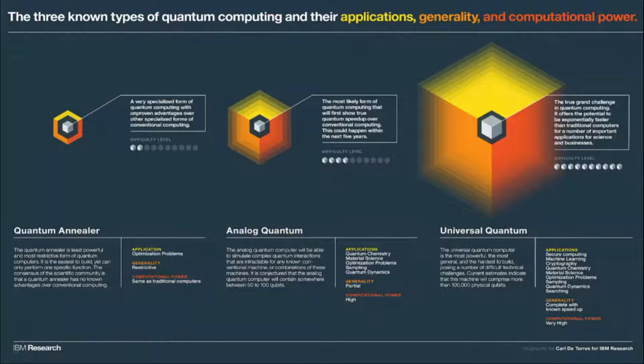It's currently the least powerful model of quantum computers, but it's often used in business applications, and it's the least difficult to develop. And then over here on the right, we have the universal quantum machine, which is very, very powerful, but it also is very difficult to maintain.